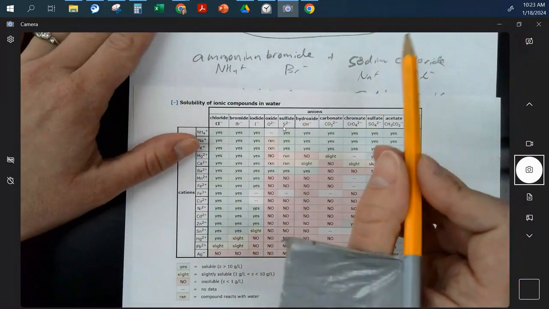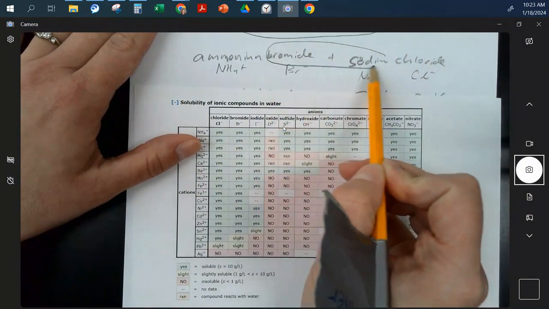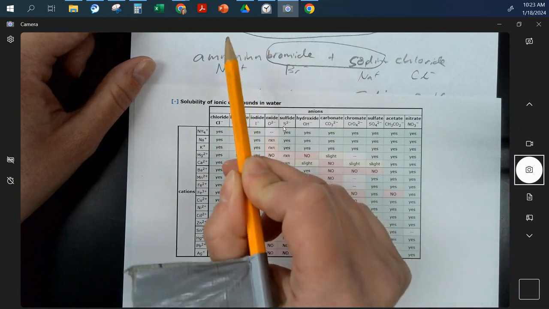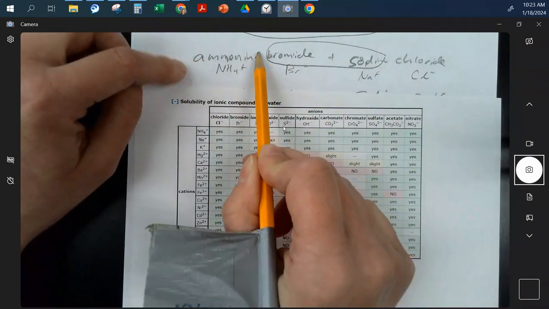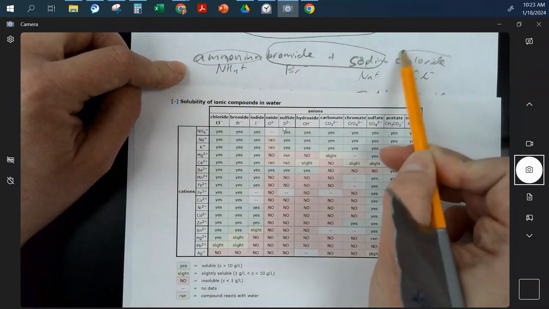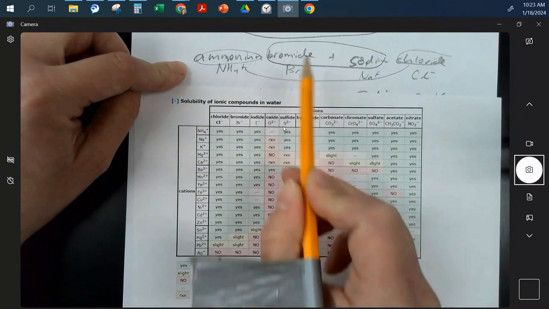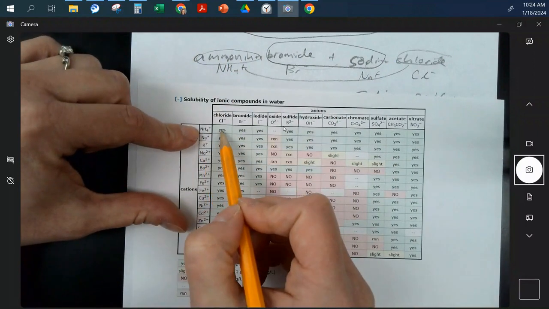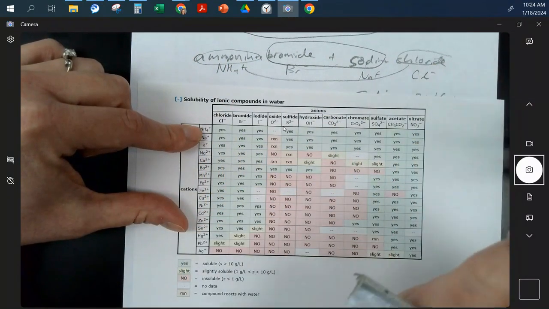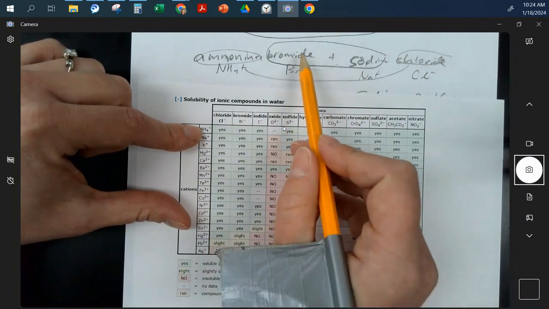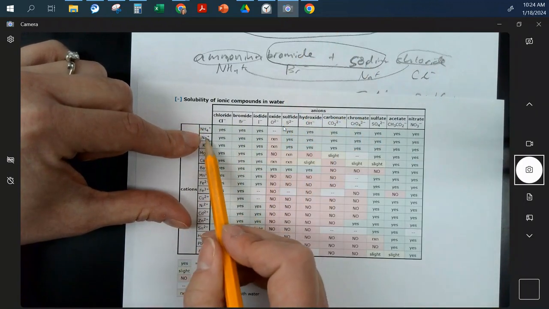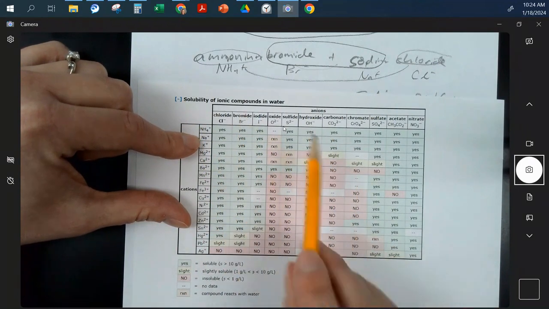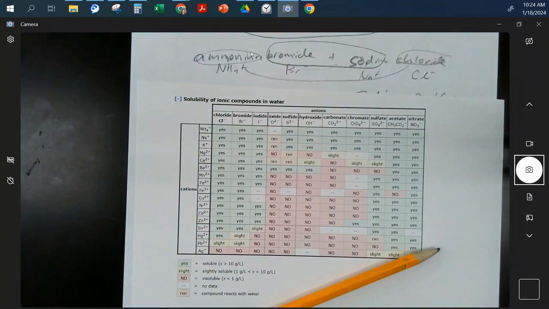So we're going to see if there's a solid that forms. The metal is going to switch with the nonmetal, and the other, this is not a metal, the cation will switch with the anion. So we're going to check these against each other and these against each other. So let's check ammonium first. Ammonium and chloride. Oh yes, that's soluble. Okay, so not a precipitate. Ammonium chloride. And then sodium bromide. Oh, there. So it's both soluble. Great. That makes it easy.